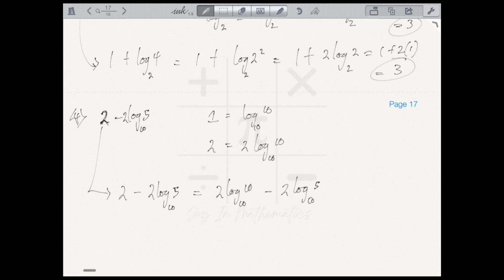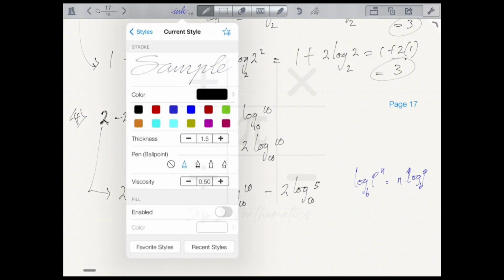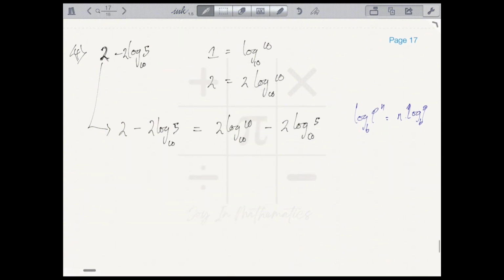Now let's apply our power law to this. Remember from our power law that log p raised to the power of n to base b is equal to n log p to base b. So applying our power law here, we have log 10 raised to the power 2 to base 10 minus log 5 raised to the power 2 to base 10.